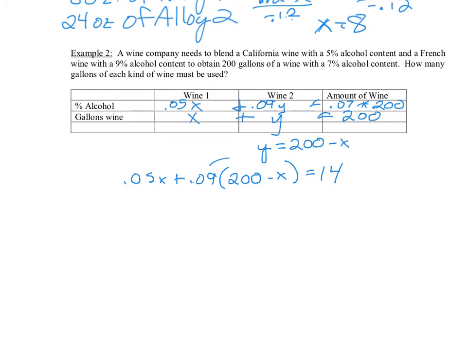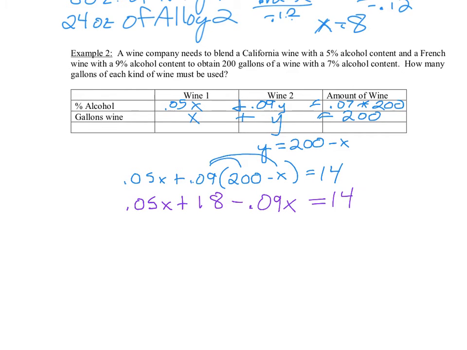Okay, so then you have 0.05x. We're going to distribute the 0.09 in. That's going to give us 0.05x plus 0.09 times 200, that's 18, minus 0.09x.